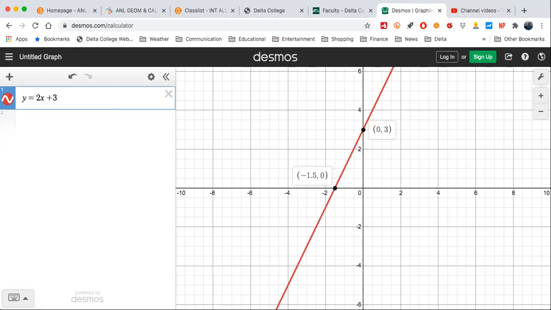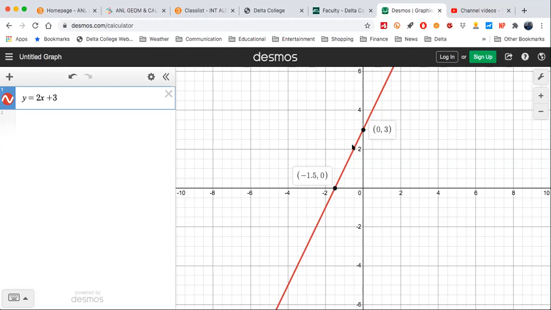Okay, so what this section is about is making scatter plots and then coming up with equations of lines that fit them as well as possible. So we know that when we come up with an equation of a line, all of those points fit precisely on that linear representation that has a certain slope and y-intercept.